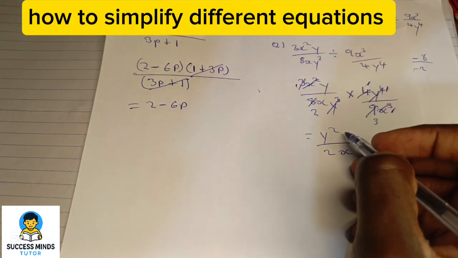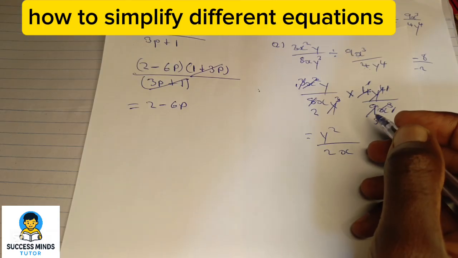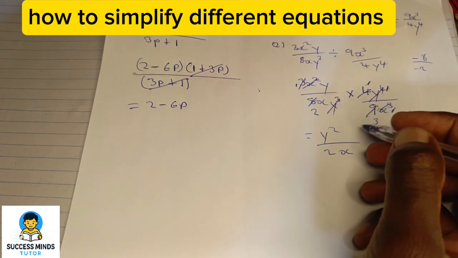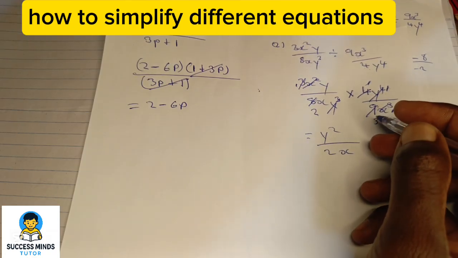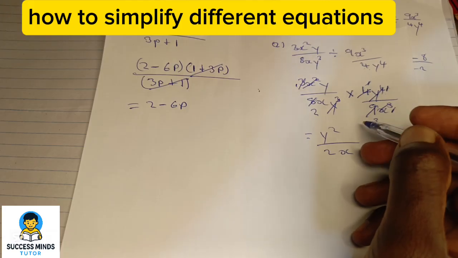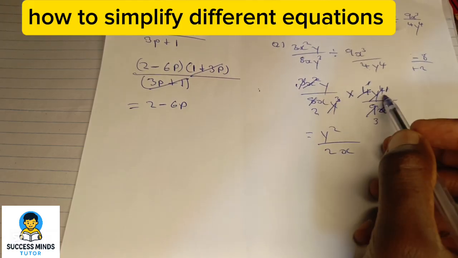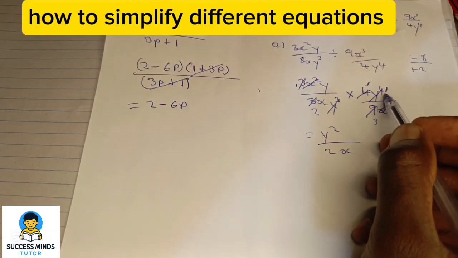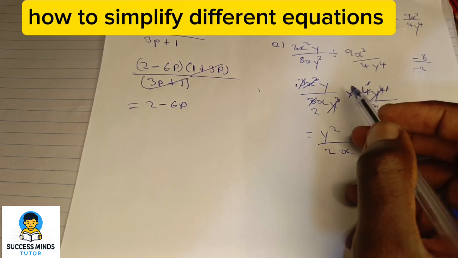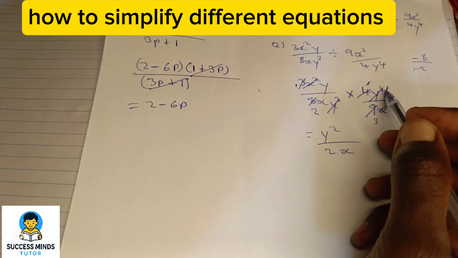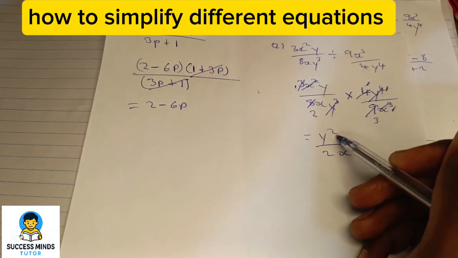We have y squared over 2x. That's our answer when we divide. There is a y that remained, so we say y times y times y, which gives us this y squared.